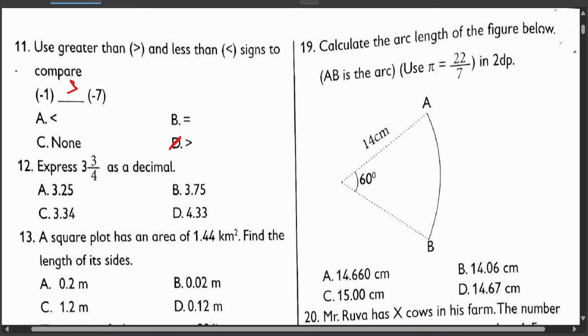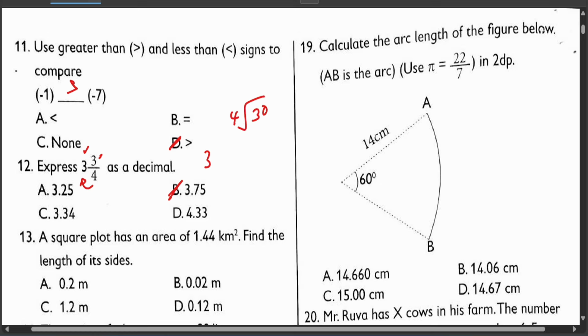Express 3 over 4 as a decimal. The answer is 0.75. Why? You can write it like this: 3 divided by 4.